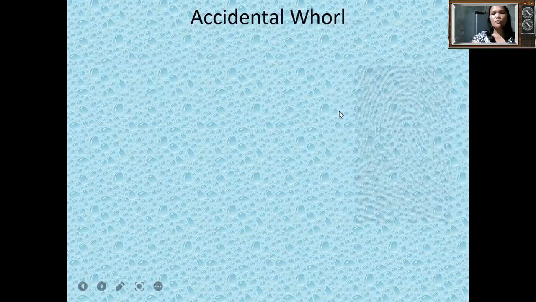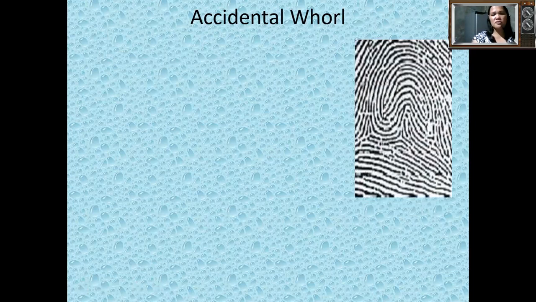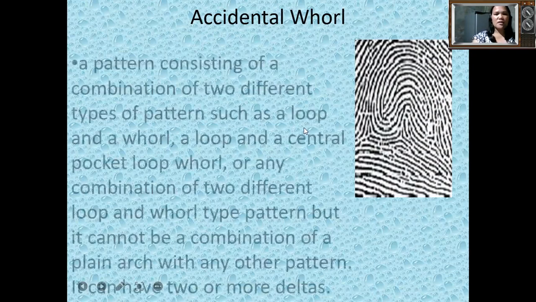Aside from that, we also have what we call accidental whorl. An accidental whorl consists of two patterns. It is a combination of patterns, just like this. Two patterns had combined.